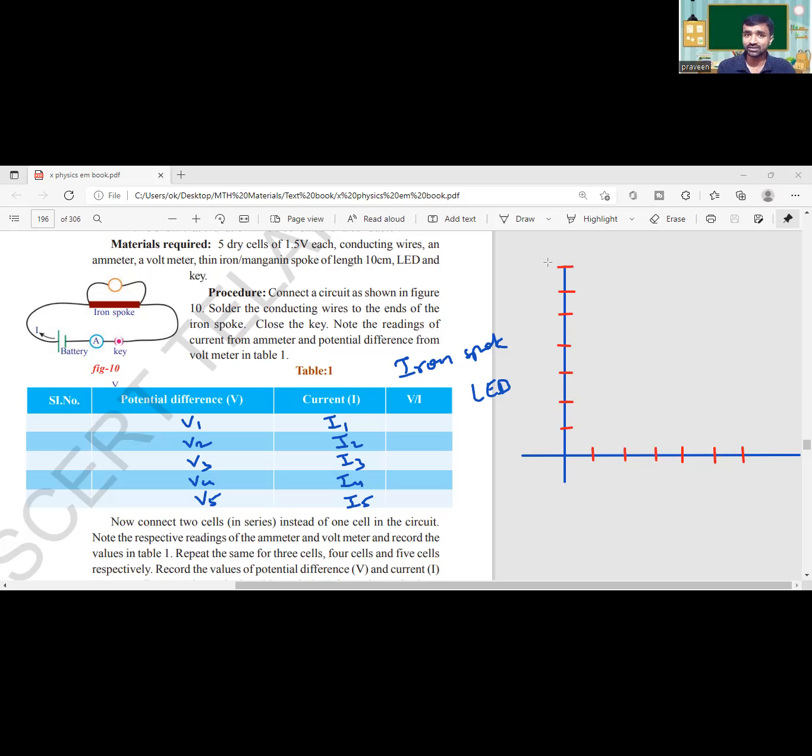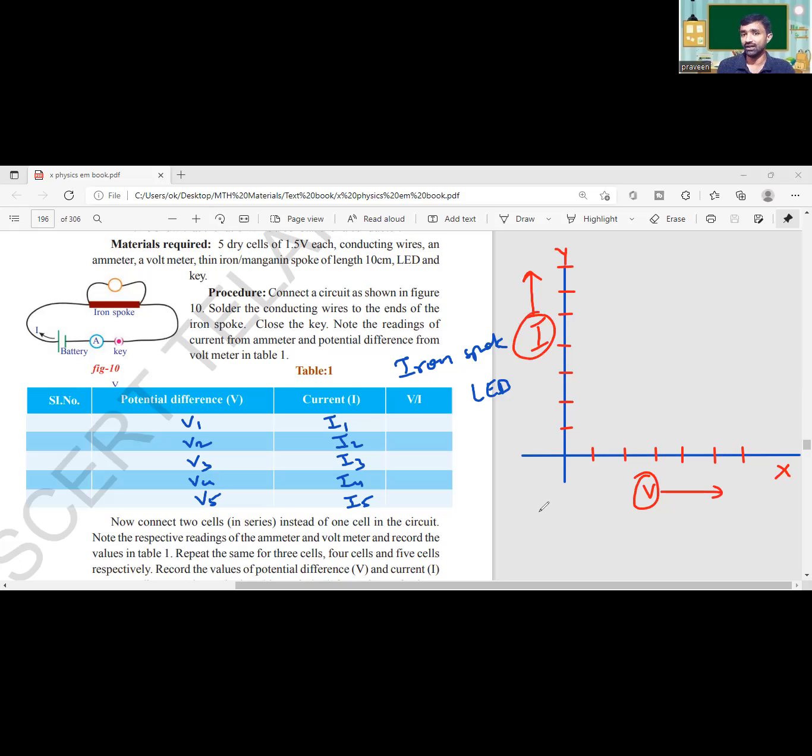But in your 10th class, in our academic book, just one type of graph is given, that is voltage versus current. So on the axis X you are taking voltage, on the axis Y you are taking current.